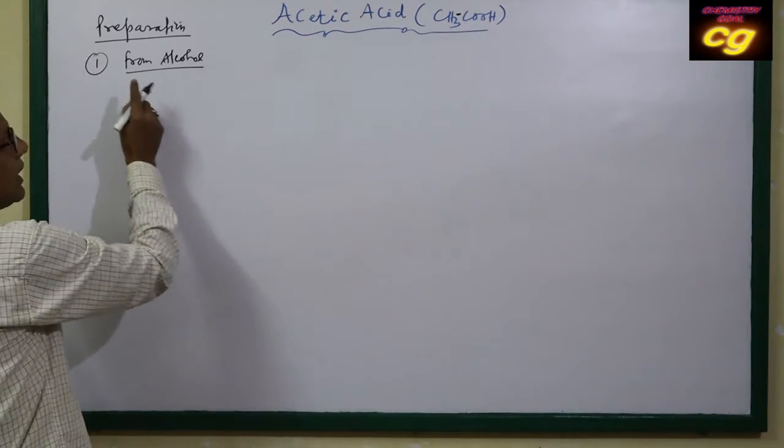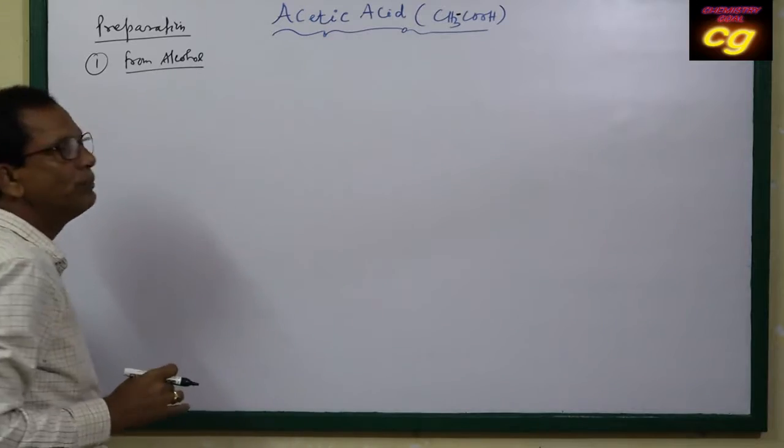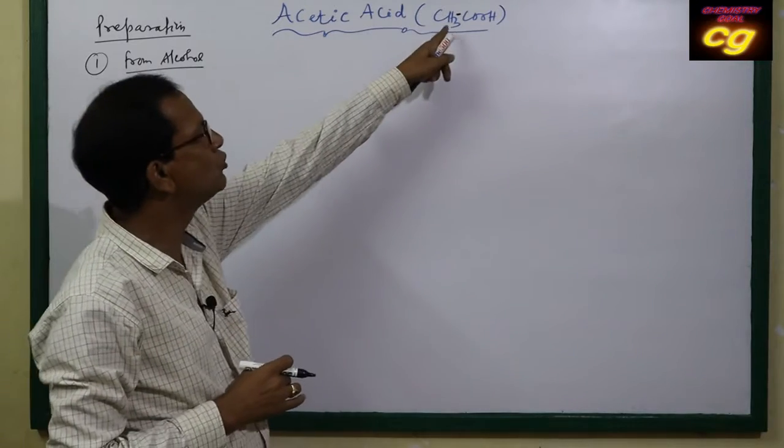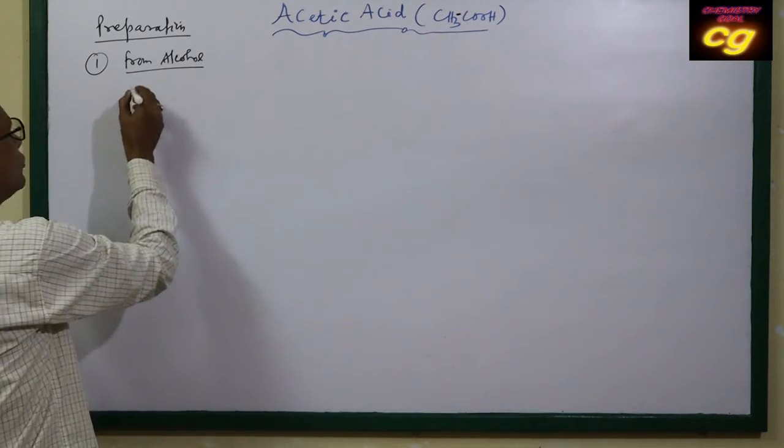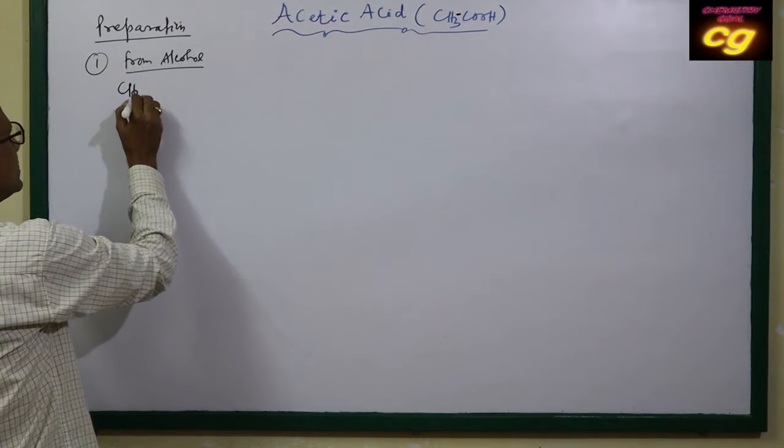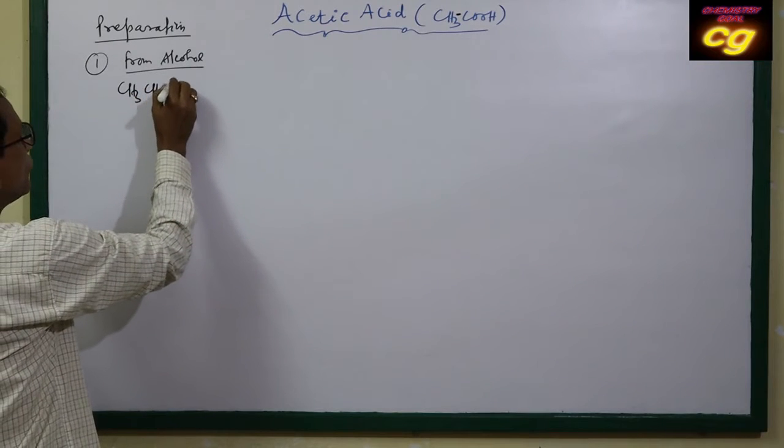As it has two carbons, the alcohol will be ethanol, CH3CH2OH.